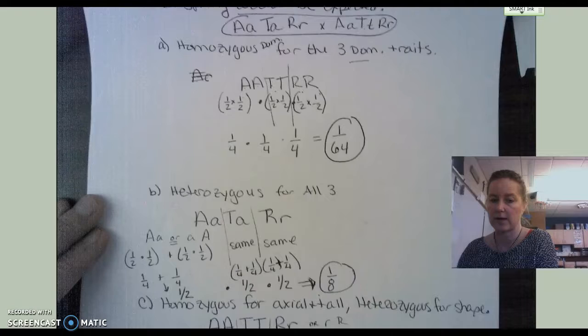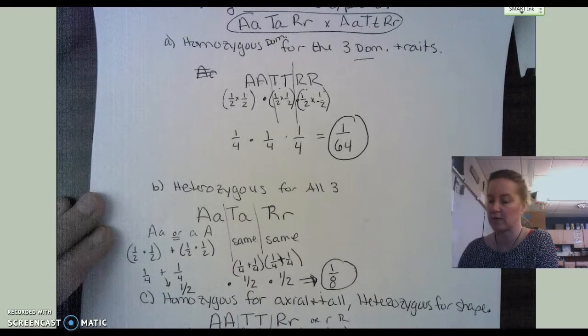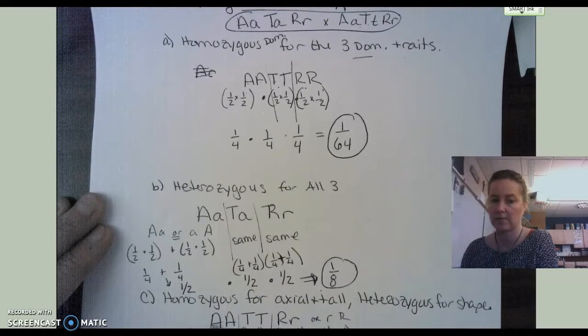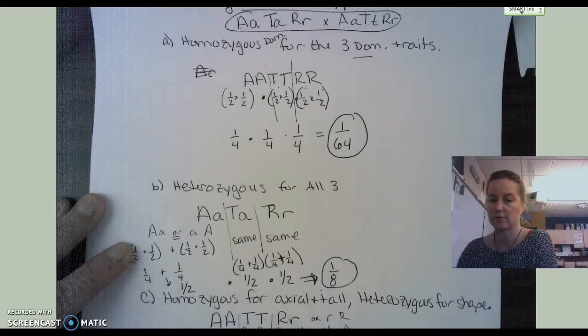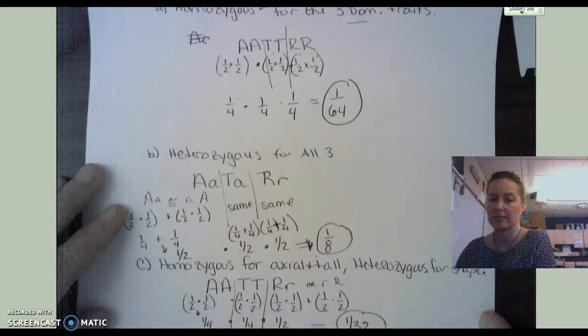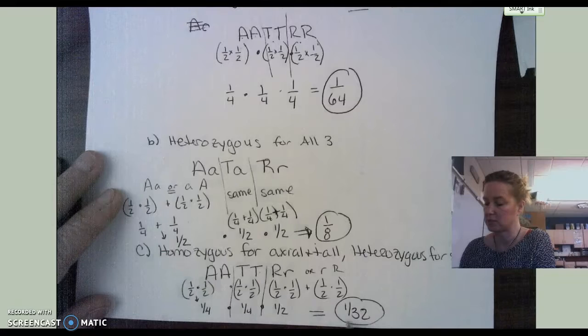Again, I'm going to write down my expected genotypes. So I would be big A, big T, big R, little r. And remember, your heterozygous combination can be big letter, little letter, or little letter, big letter. If I work the math, my answer should be 1 out of 32.